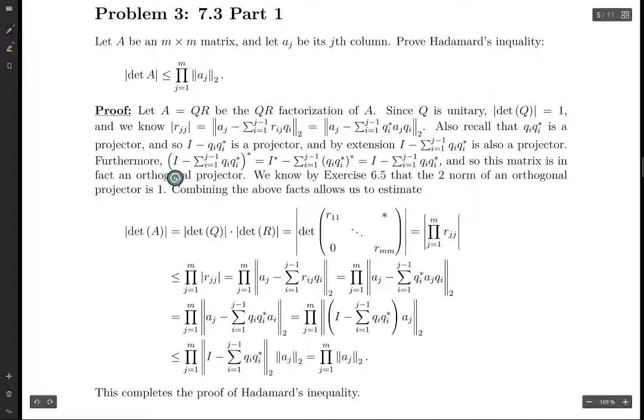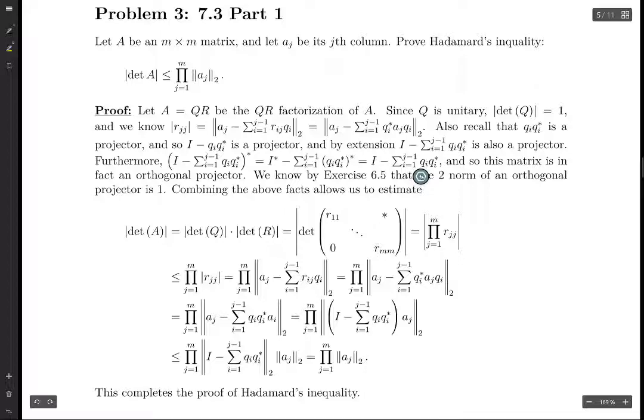But anyways, this is a projector, and what happens if we take the star of this? Well, the star of a sum is the sum of the stars. So we have I star, and then the sum of these stars. I star is I, and Qi star times Qi star is just Qi star.